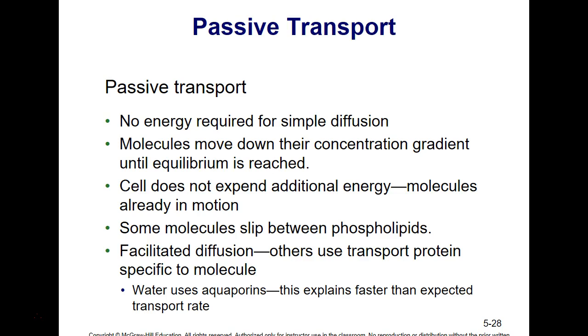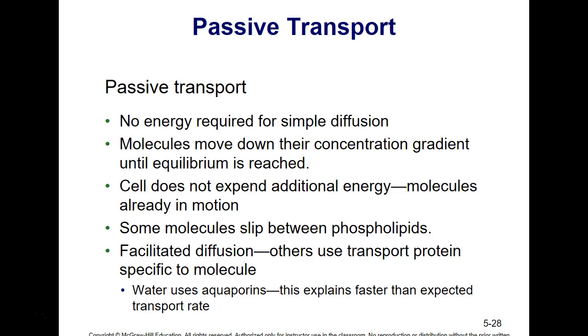Okay, so on page 88 of your textbook, they have passive transport, no energy required. Facilitated diffusion, figure 5.11. Figure 5.10 is an example of simple diffusion. Remember, simple diffusion does not require energy.